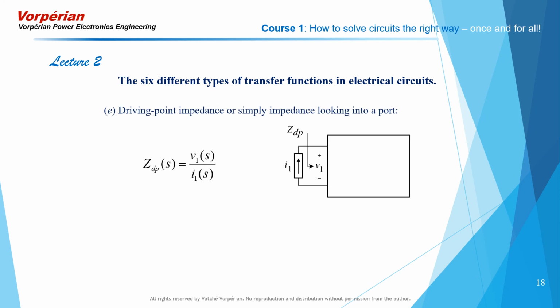For an impedance looking into a port of network, also known as driving point impedance, we apply a current source and study the voltage across it. That is to say, the ratio of V1 to I1 in this diagram is the input impedance of this network. So if we are going to think about the impedance function as a transfer function, its excitation is only a current source.